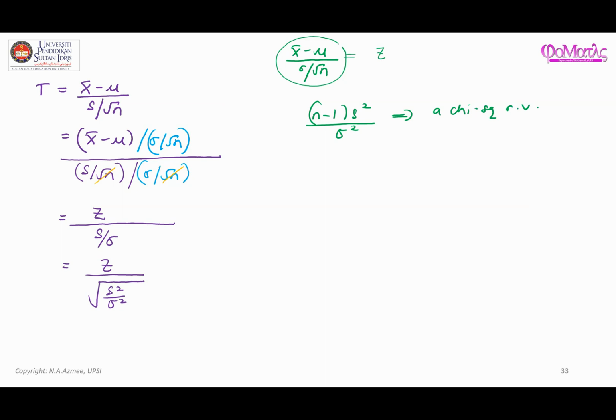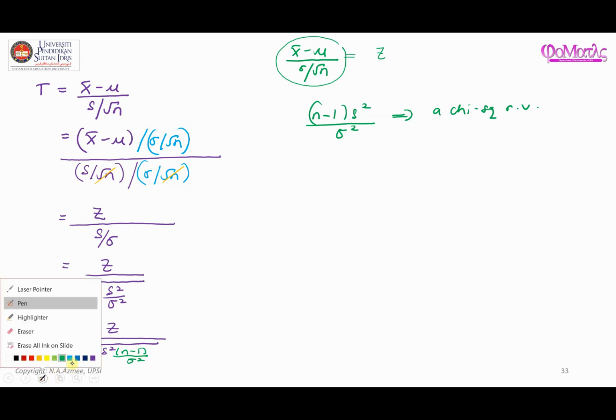So here what we are going to do is introduce, right next to s squared, n minus 1 over sigma squared. Okay, so therefore we have z. So here is s squared, and I'm going to introduce n minus 1 over sigma squared for that part.